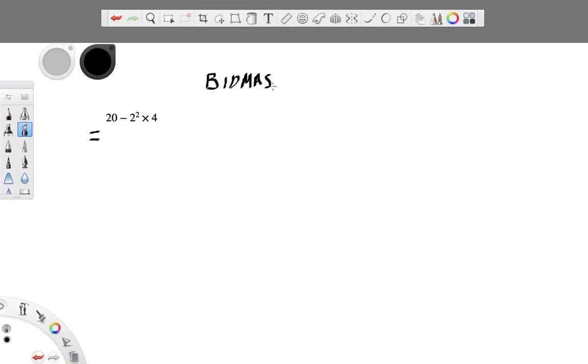Starting from left to right, is there a bracket? No, there's not. Do we have an index we can work out? Yes, we do. 2 squared. We haven't done anything with the 20. It's minus 2 squared. 2 squared is obviously 4. And then we haven't done anything with this multiply by 4, so again, that drops down.